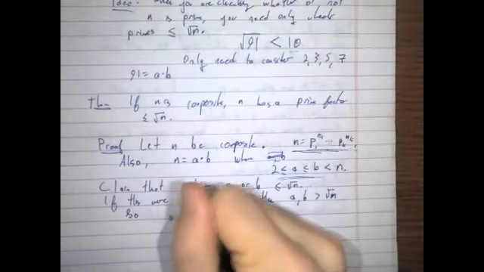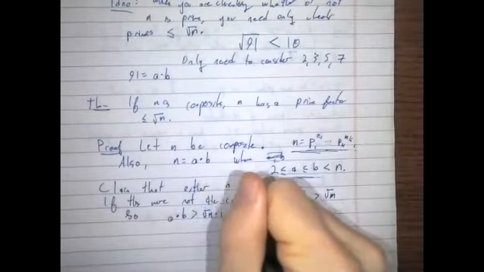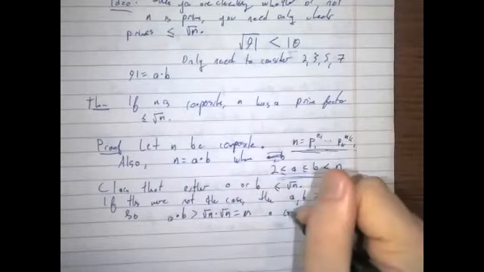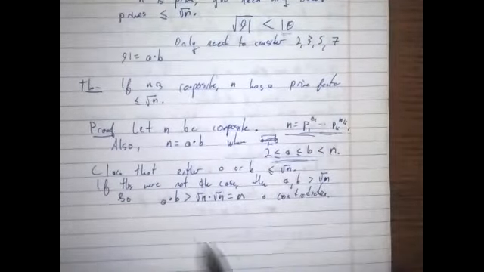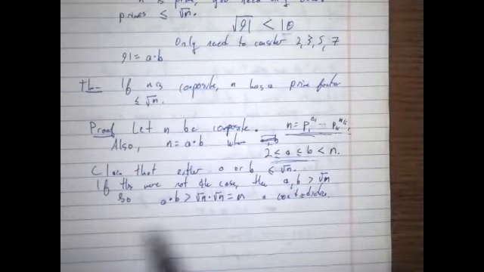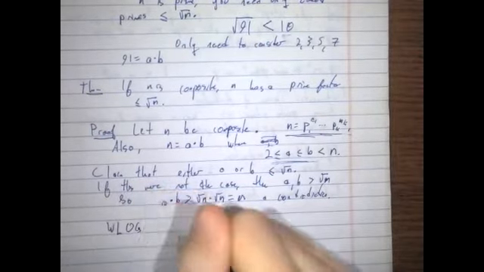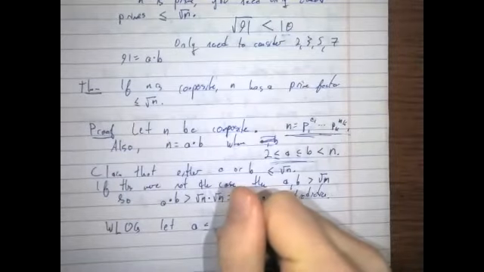So a times b is greater than square root of n times square root of n, which is equal to n, a contradiction. So now I've at least produced a factor which is less than the square root of n. So without loss of generality, let a be less than or equal to square root of n.